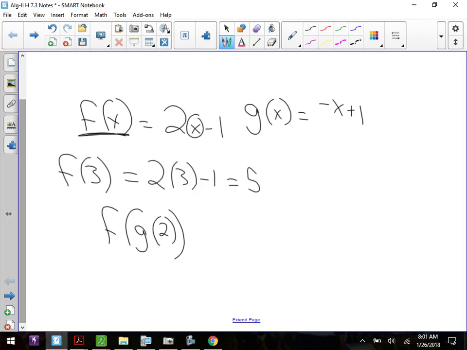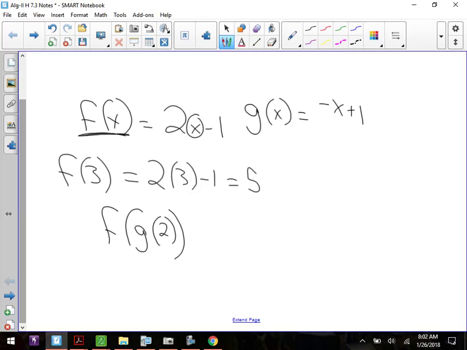A composite function is when you start with one function and put it into the other. Think of this as order of operations. Where is the innermost parenthesis? G. Get the g of 2, correct. So I start at the g equation and substitute in 2.